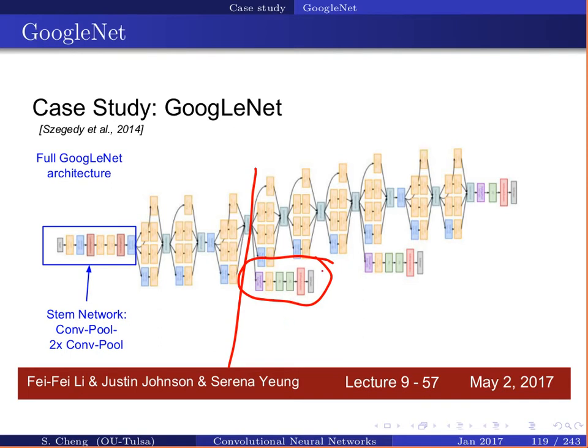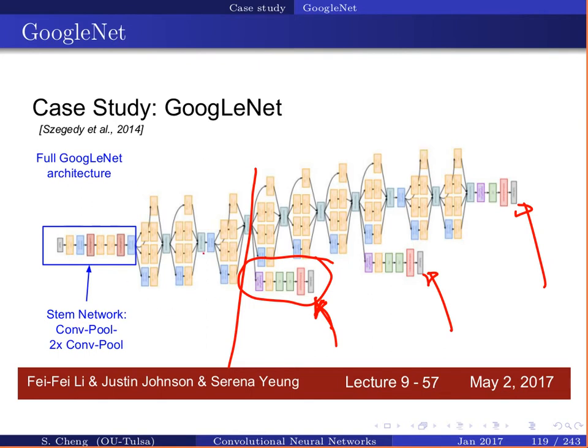So the idea is they can get some intermediate output and you can train there too. This is an end-to-end classification problem, so you can compute the loss at the end and also at these intermediate points. So you have multiple losses here. This can help you essentially train the earlier layers.